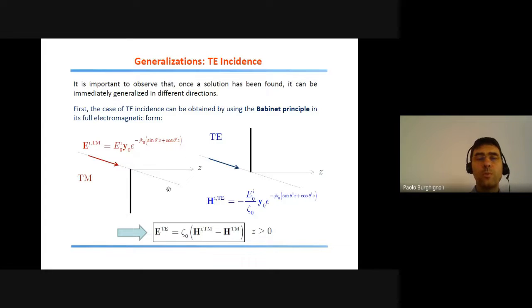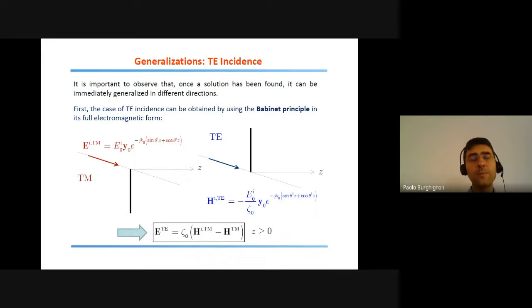And so at the end, one possible formulation of the Babinet theorem is the one that is reported below in the box, where you can see that the total TE field, the electric field beyond the screen, can be obtained in terms of the incident and total TM field, magnetic field. So once you know the solution for the TM polarization, it's immediate to find the solution for the TE polarization, which is the first generalization.